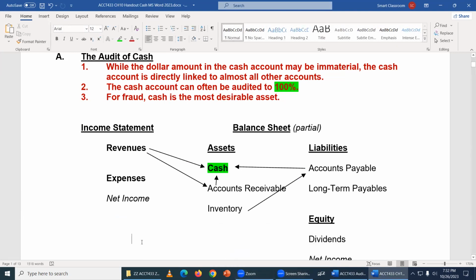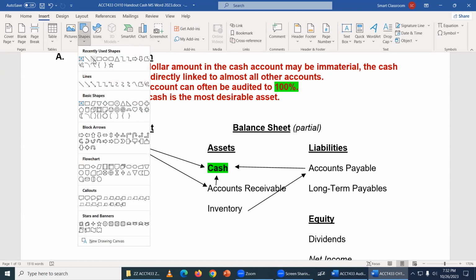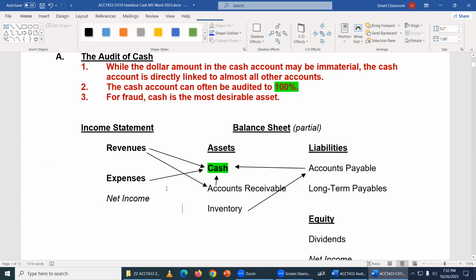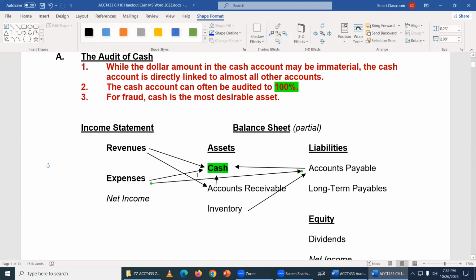So the idea here is that virtually everything you can think of eventually is going to run through that cash account. So when we do a 100% audit of the cash account, we can also take in all these other accounts too. If we pay for expenses, cash. Let's say we don't pay for them right away. We get a bill, we don't pay it right away, it goes into accounts payable, and the accounts payable comes back to cash.